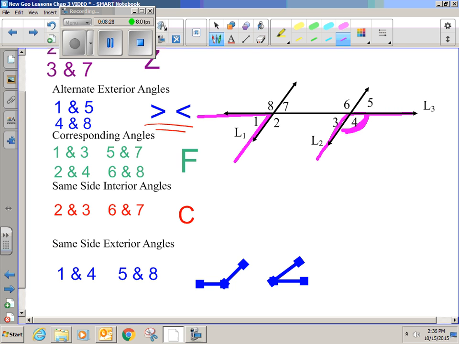They're both outside. Same side. They're both on the bottom side. Same side exterior. Okay, so angles 5 and 8 would also be same side exterior because they are on the top side of my transversal, and they're both outside of the parallel lines.